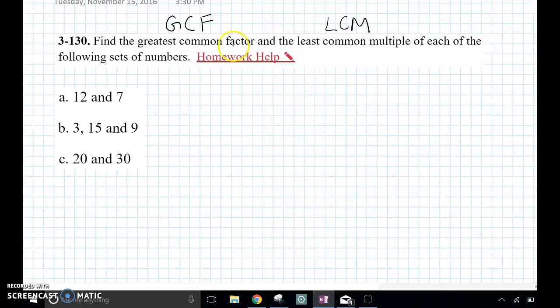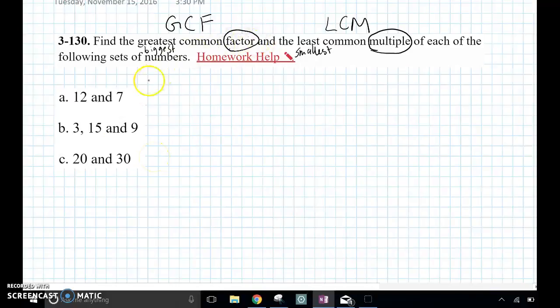The keywords here, factor and multiple, get mixed up a lot. Greatest means biggest or the largest number. We're looking for the largest factor that these two numbers have in common, okay? And least common multiple, we're looking for the smallest multiple that these numbers have in common.